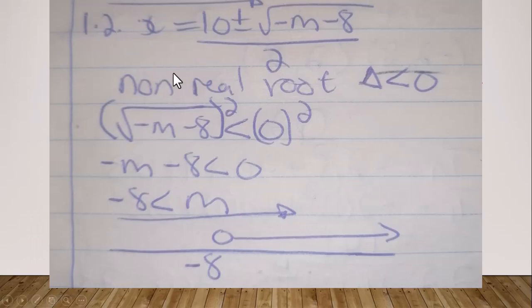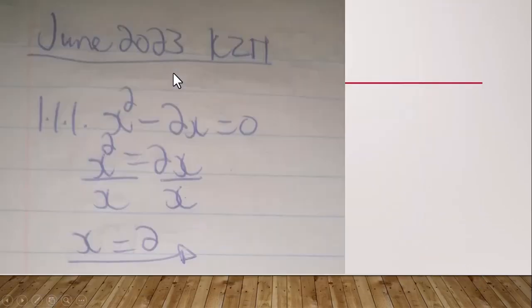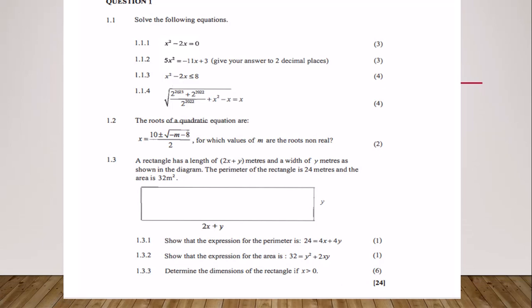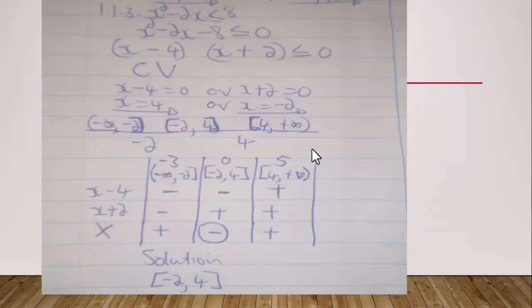And then in 1.2, let me show you what they provided. The roots of a quadratic equation are here, for which values of m are the roots non-real. Now we are dealing with roots, which are just basically the values of x that satisfy a given condition. We call these the roots. The delta of the equation is the discriminant.